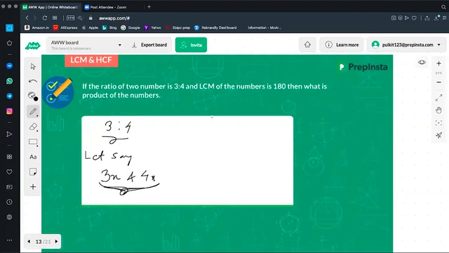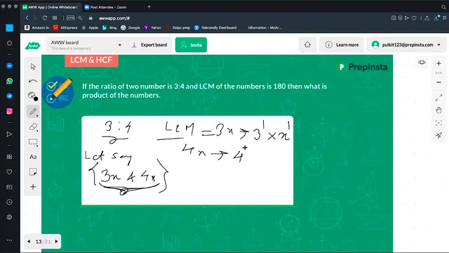Now, if the numbers are 3x and 4x, what is the LCM of the numbers? 3x can be written as 3 raised to the power 1 into x raised to the power 1. 4x can be written as 2 square into x to the power 1.